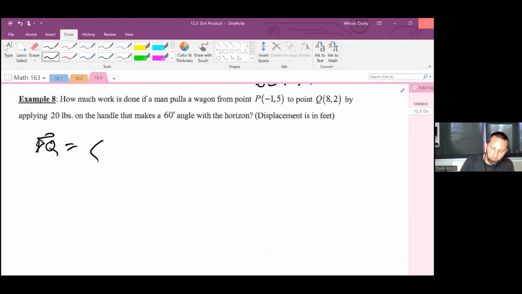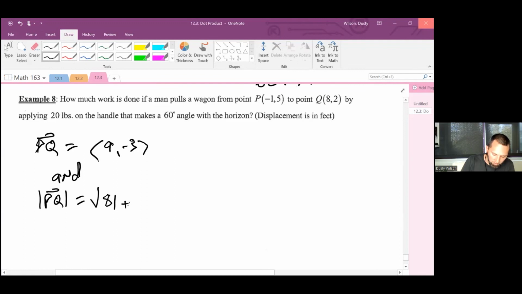So 8 minus -1 would be 9. And 2 minus 5 would be -3. And we want to know the length of that displacement: square root of 81 plus 9, or square root of 90.